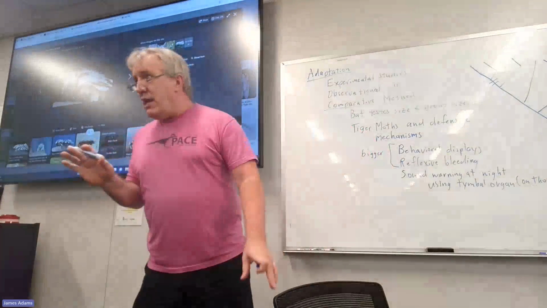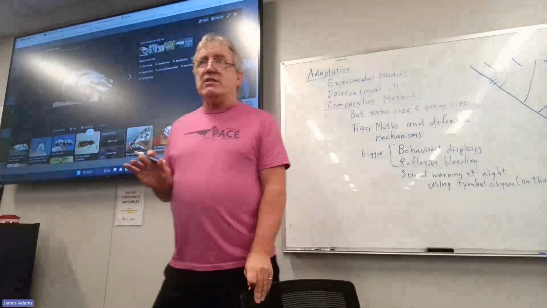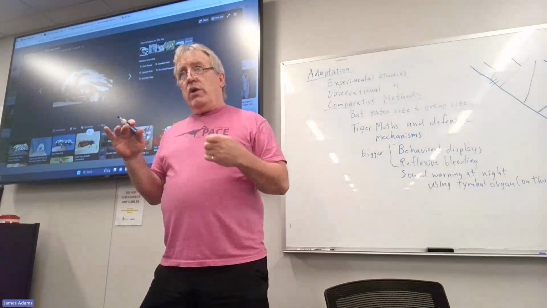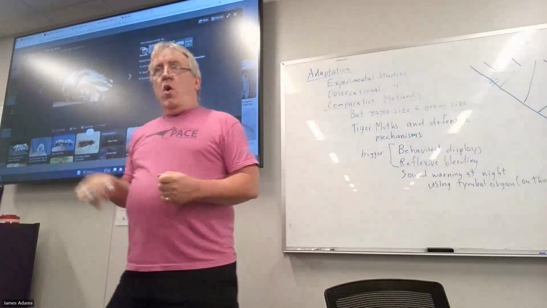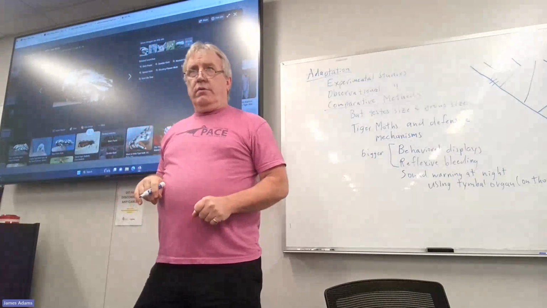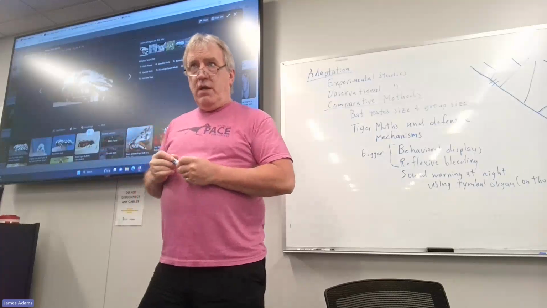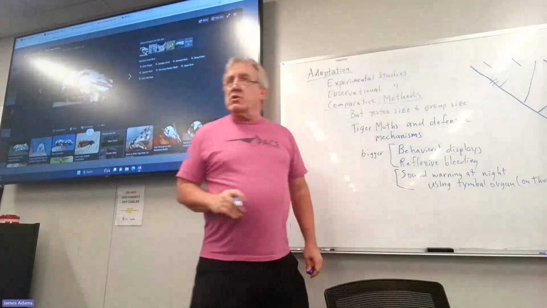Not that you can't see them in smaller species, but a lot of smaller species don't reflexively bleed, and a lot of smaller species, instead of displaying, will either fly off immediately or they'll simply drop to the ground and disappear into the undergrowth. You with me, everybody? Whereas the bigger species, and again, there's a lot of overlap.